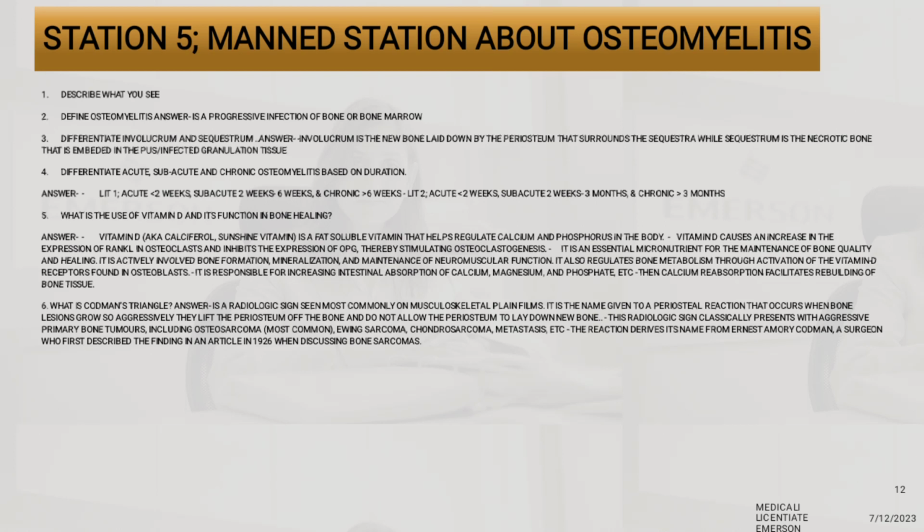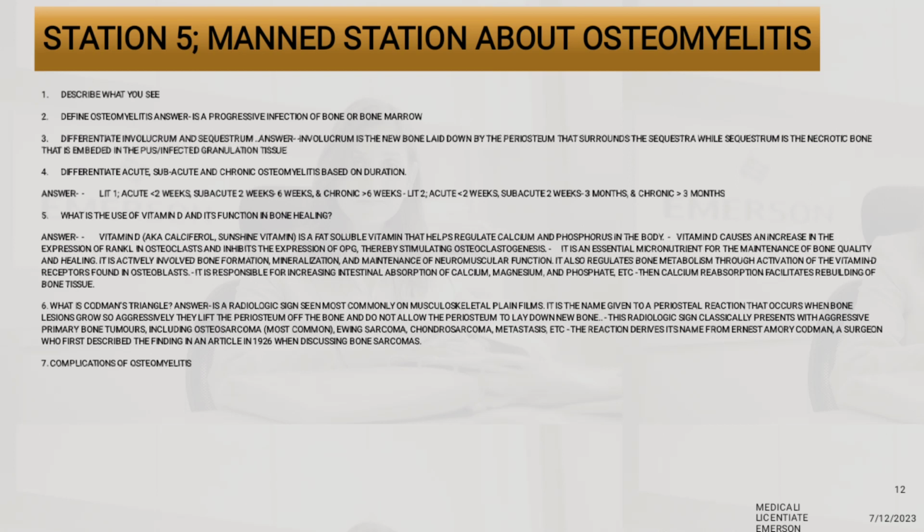So in short, Codman's triangle is periosteal stripping, and that prevents the formation of new bone.